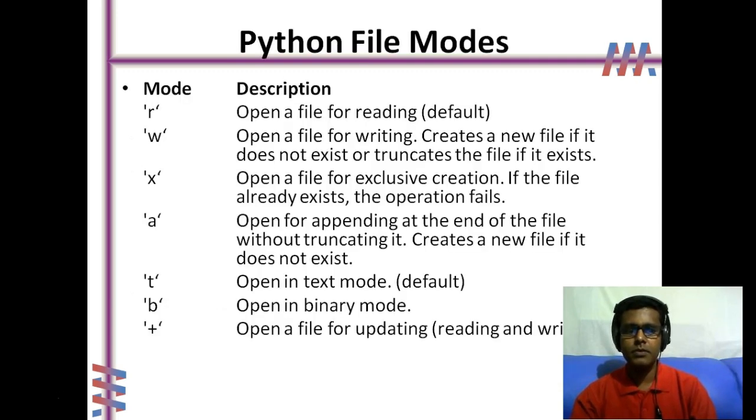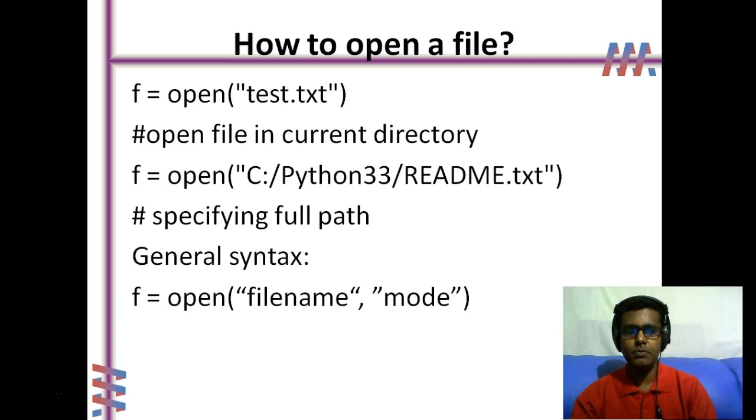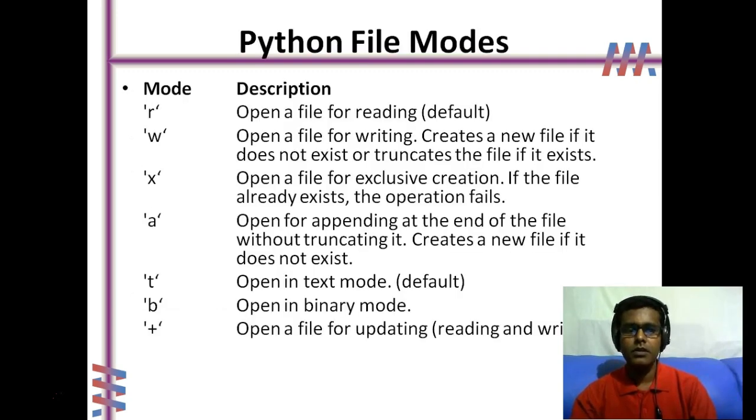These are some of the modes in which you can open a file in Python. If I specify r as the mode, it indicates that you are going to open the file in read mode. That is, you can only read the file, you cannot write into it. If you try to write into the file, it will show you an error.